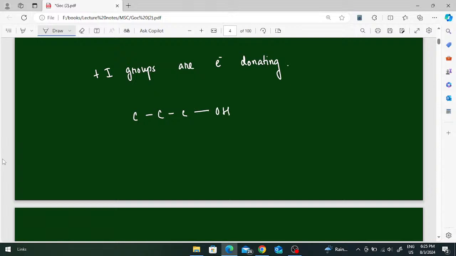This is an alcoholic group, and here if I take an O negative, a methoxy group, this group shows minus I effect. But since this group is negatively charged, it will instead show plus I effect, because it is electron rich, so it is beneficial for oxygen to donate some of its electrons to the adjacent carbon. So this shows plus I effect.